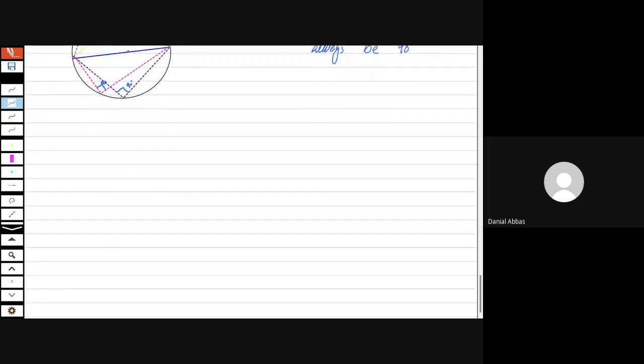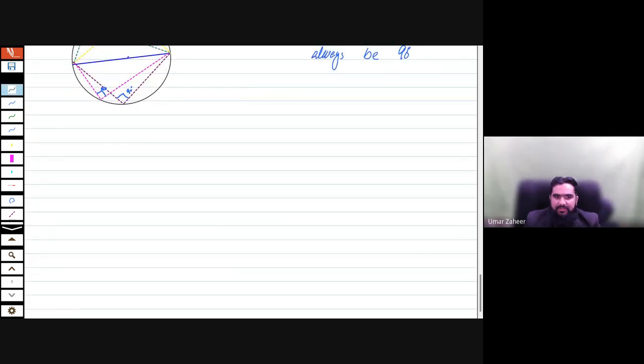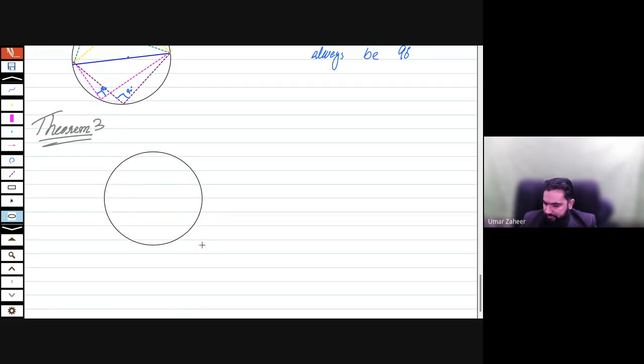Now let's go to the third theorem. Theorem 3 says that, for example, if you have a circle and there is a segment AB, you subtend angles on the circumference.